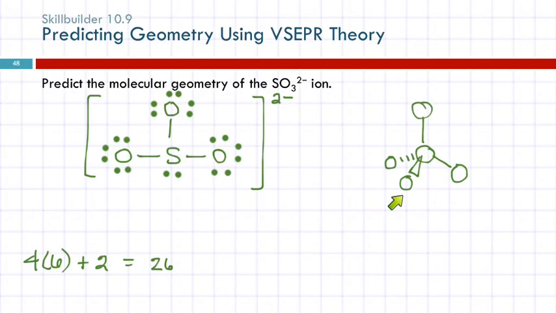So this is jumping out at you, and this is behind. Someone should invent 3D glasses so that we could see this in 3D. So 4 electron groups. The electron geometry is what? 4 is tetrahedral.